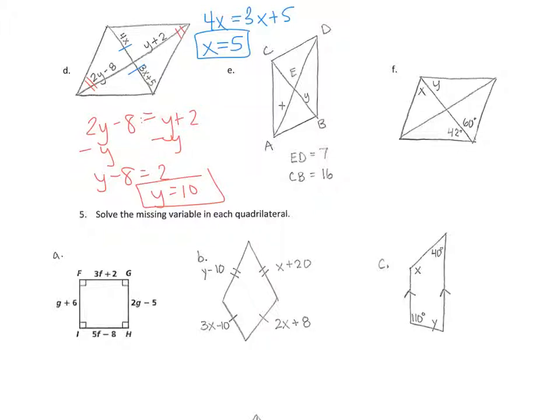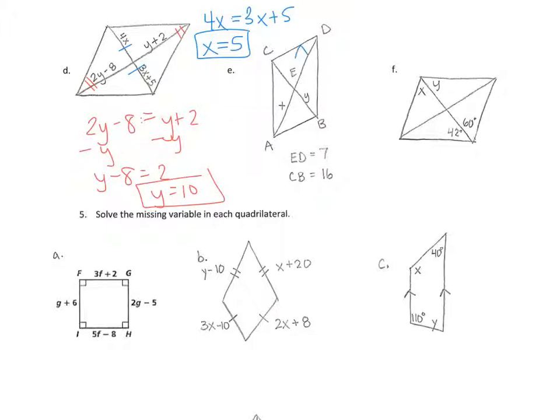So on the next part, I know that the diagonals bisect each other. So that means that these two are equal and these two are equal. But it does not mean that the red is equal to the blue. So I solved for x. X is 5, y is 10. And then on letter E, I know that ED is 7.